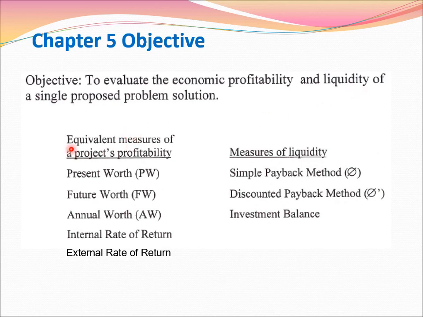Okay, so we will learn some measures for project profitability. We will learn the present worth method, future worth method, annual worth method. We will learn internal rate of return and external rate of return methods. In terms of the measures for liquidity, we will learn simple payback method, discounted payback method, and we can have a look at the investment balance.